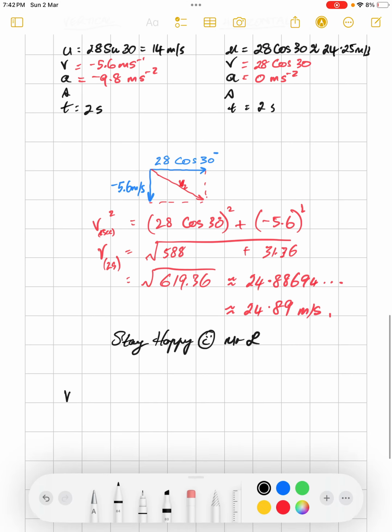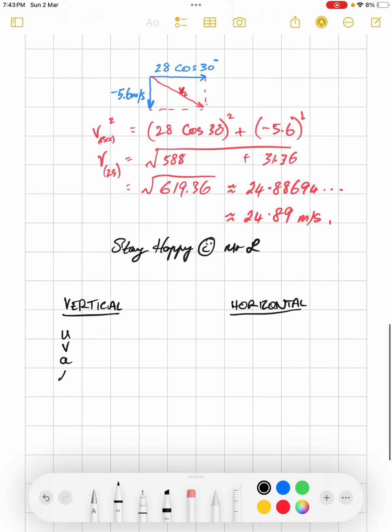So we've got the vertical and we've got the horizontal. And what we are told is, I'll just put UVAST. I like to keep tabs of all of those variables.